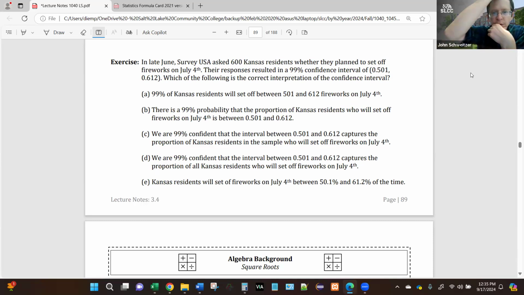So which of the following is the correct interpretation of the confidence interval? So just read through those real quick and then put your answer over in the chat. And then we'll talk about which one is correct, which ones are incorrect, and we'll talk about why they're incorrect. Okay.